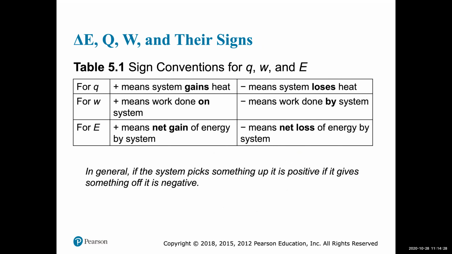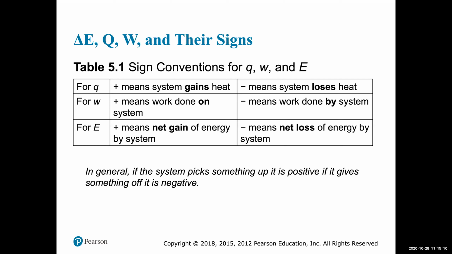Whether we're talking about heat, work, or energy in general, if the system picks something up, it's a positive sign to that value. If it gives something off, it's a negative value. That doesn't matter if it's heat or work or energy. If it's gaining one of those things, the number's positive. If it's losing or giving off one of those things, then it's going to be negative.